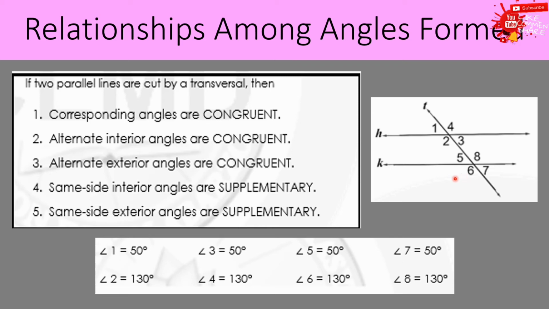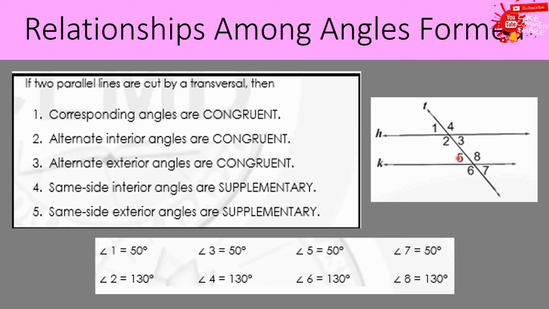So let us start. Angle 1 is 50 degrees. Angle 7 is its alternate exterior angle, so it means that angle 7 measures 50 degrees. And also angle 1 is on the same side as angle 5, and one is in the interior and one is in the exterior, so they are corresponding angles.